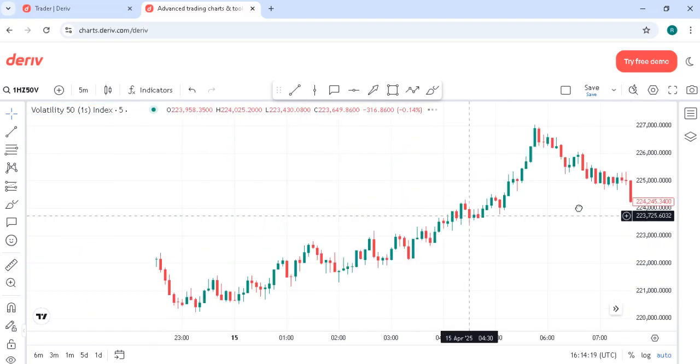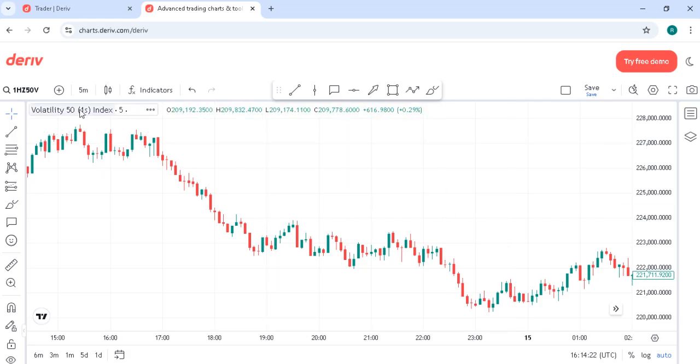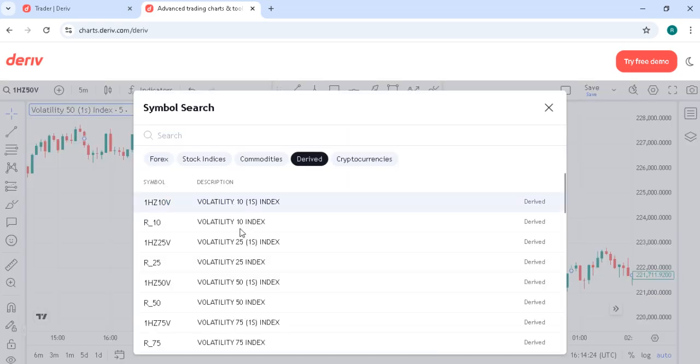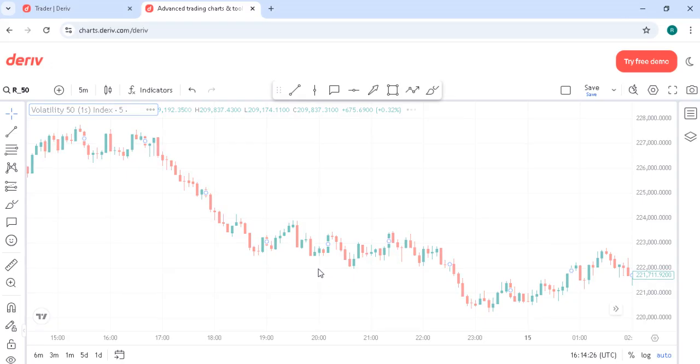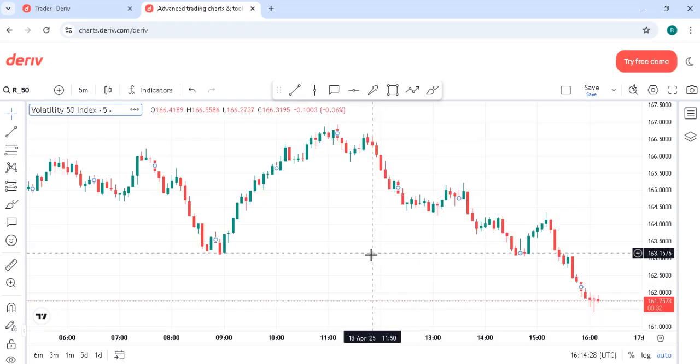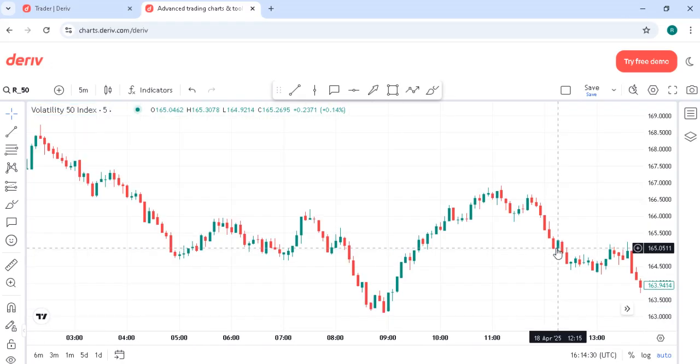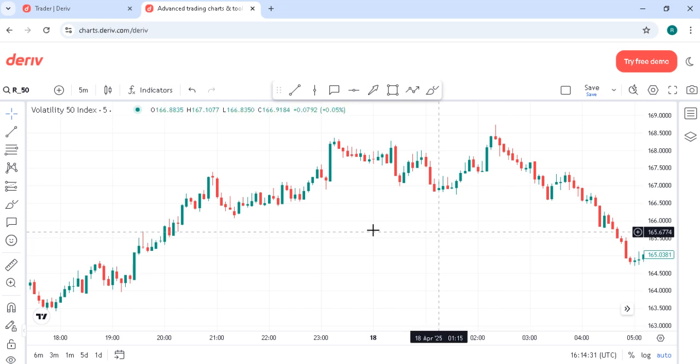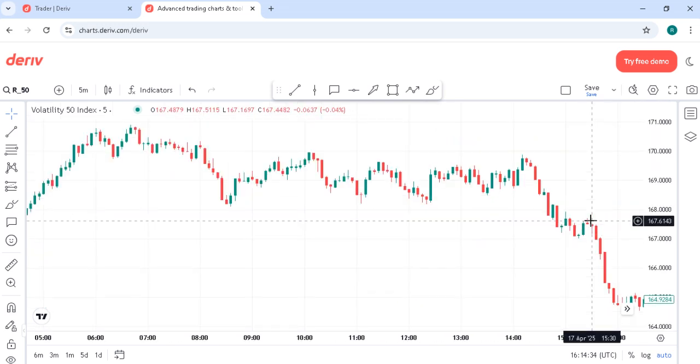Okay, let me look for another situation. So let's try another one. It has to be formed after a downtrend, not anywhere else. Of course, you may see these candlesticks forming along the trend, but for best results, always use it where there is a downtrend, after a downtrend.